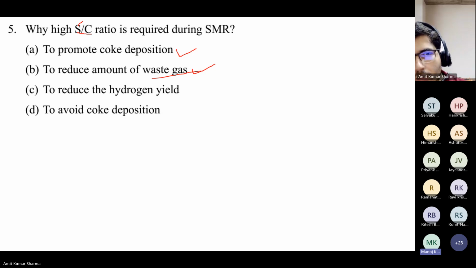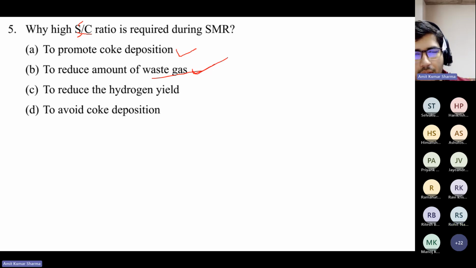No, consider the mass balance. The molar fraction will change, but if we are comparing mass, then with more steam you are increasing the total flow rate. So the amount of waste gas will increase. It will not reduce the amount.